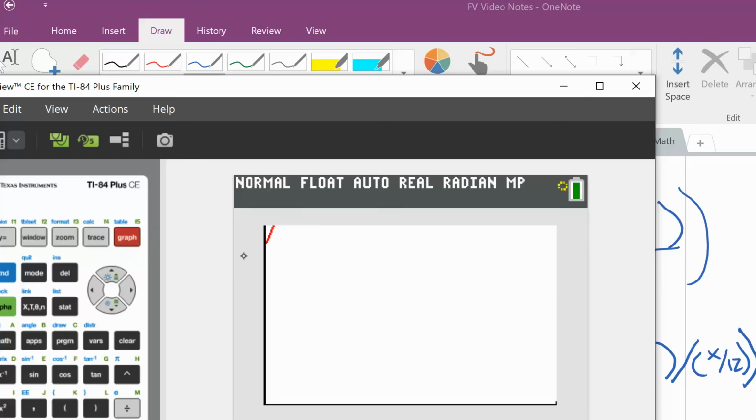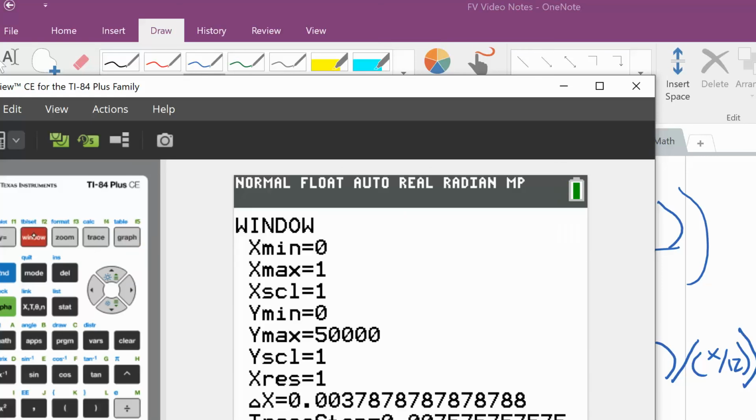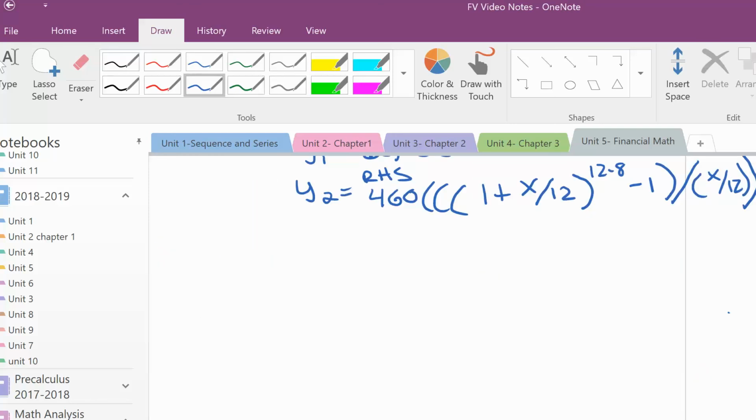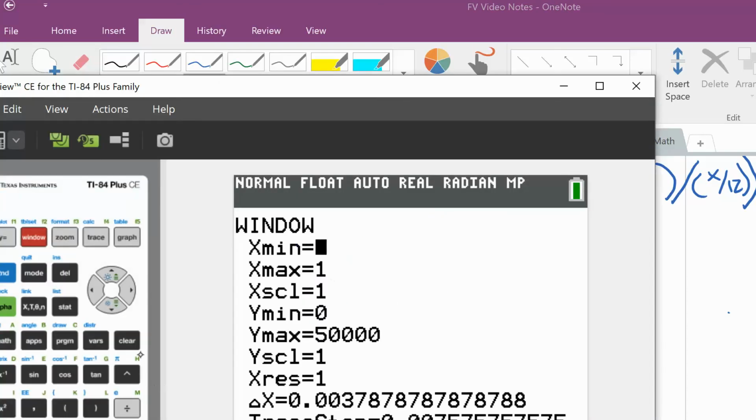So if it doesn't show up, like here it doesn't show up, I have to hit the window. So notice when you do the window, the x minimum, x maximum, because it's a rate, so the minimum is 0, the maximum is 100% or 1. So that's fine right here.